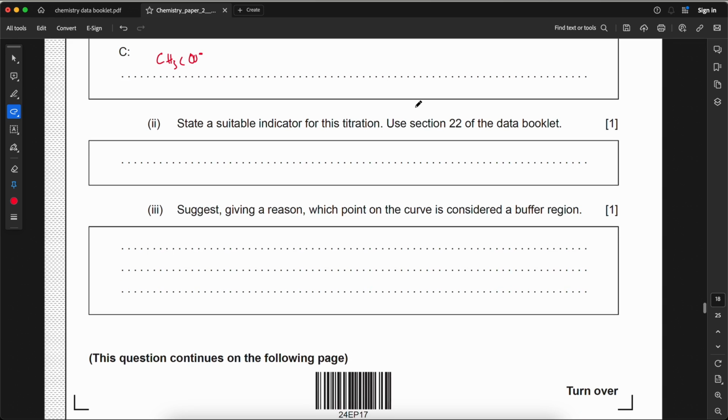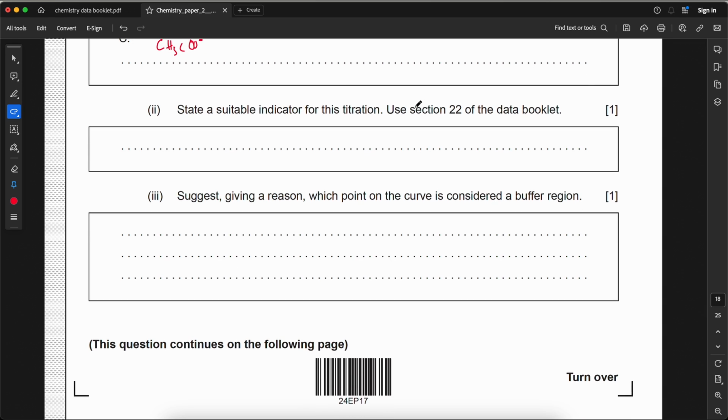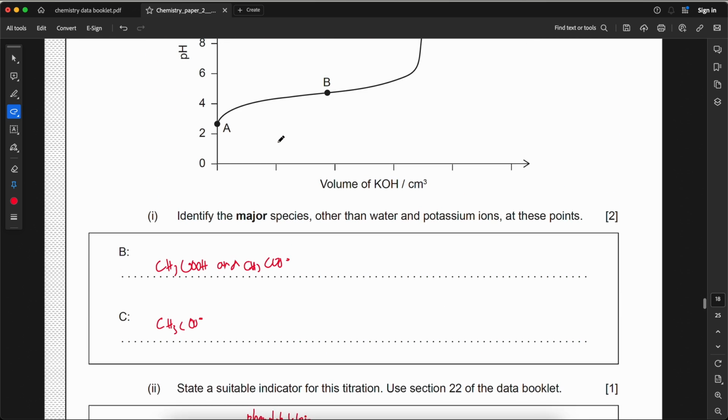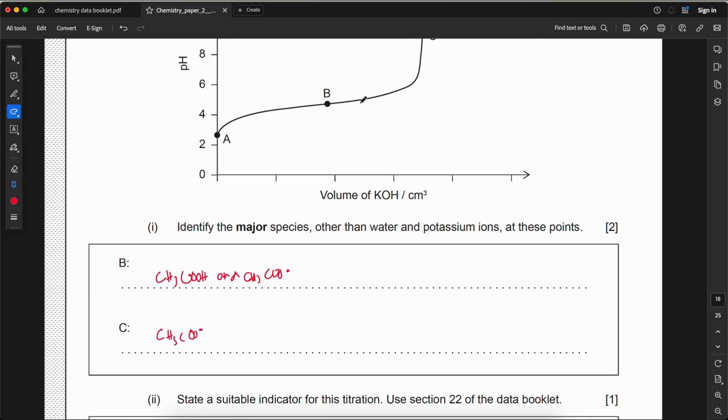State a suitable indicator for this titration. Because it is a titration between weak acid and strong base, the pH should be bigger than 7. So the suitable indicator will be phenolphthalein. Suggest, giving a reason, which point on the curve is considered a buffer region. This one.